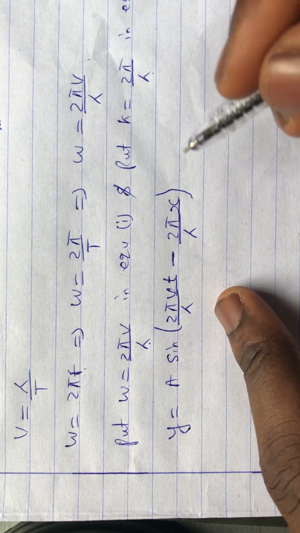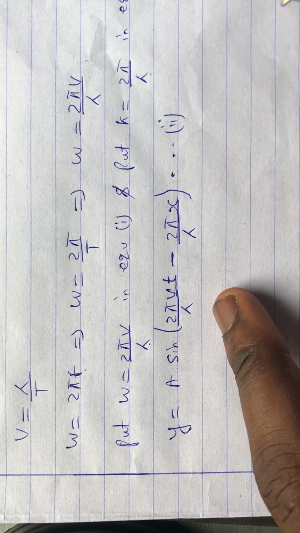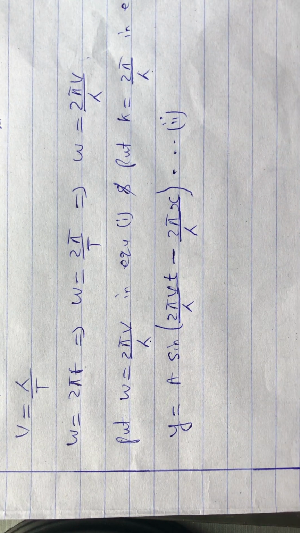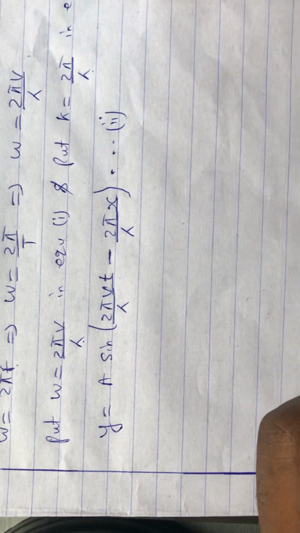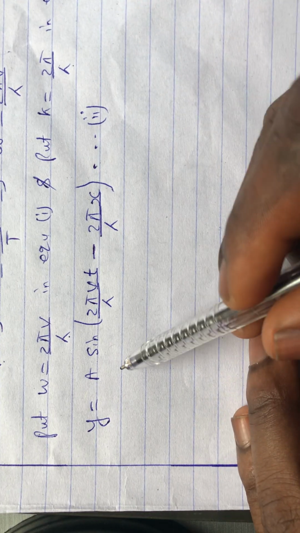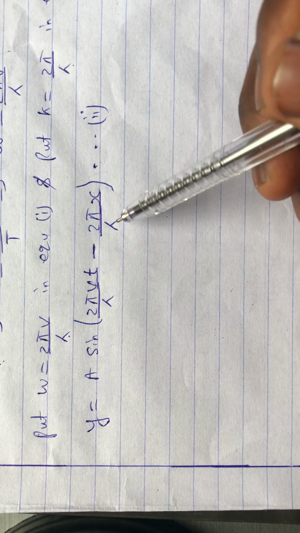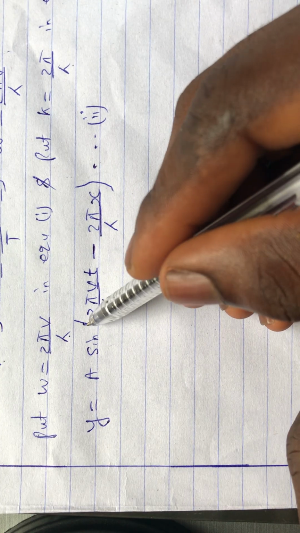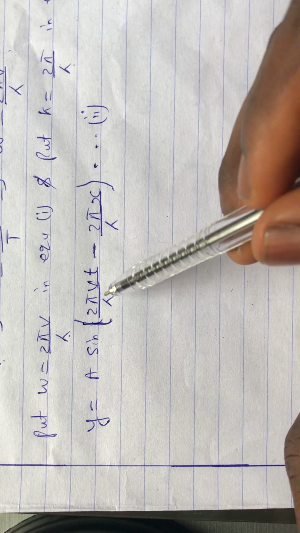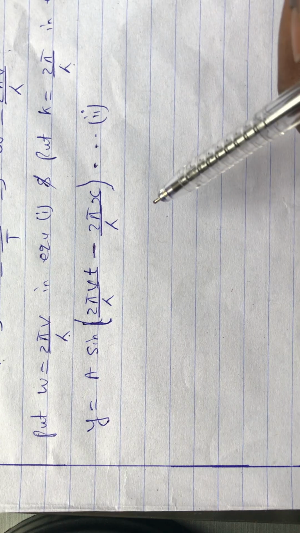We call this equation II. Now let's derive our third wave equation. From this second wave equation, you see that we have something common in the brackets. We have 2 pi all over lambda, and 2 pi all over lambda.